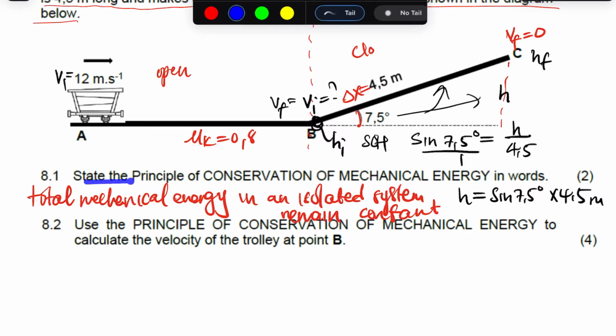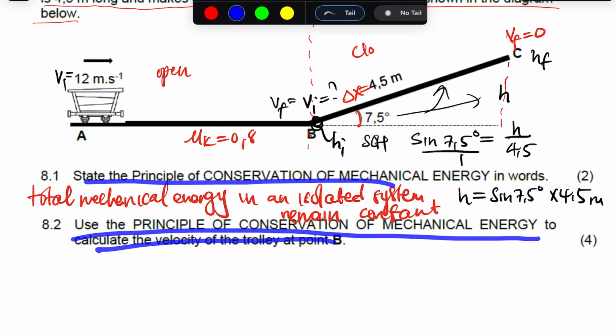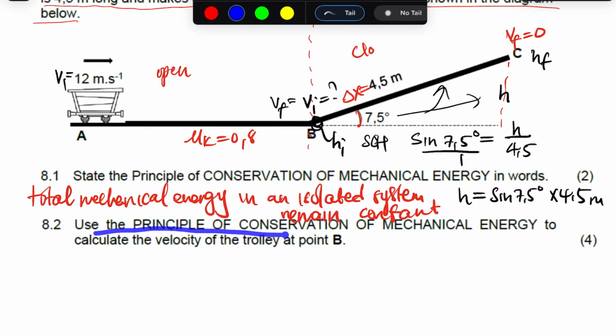Now they ask you the principle surely in the next question, and they want you to use the principle. They said use the principle of conservation of mechanical energy to calculate the velocity of the trolley at B. So we want this velocity. It comes with that velocity of 12 there, and then it moves in that track until it reaches B. We want that velocity.